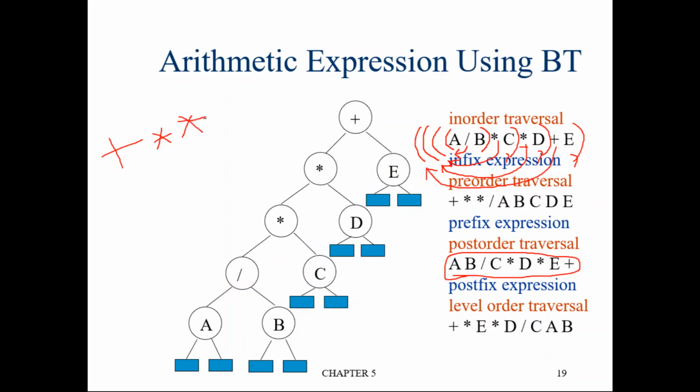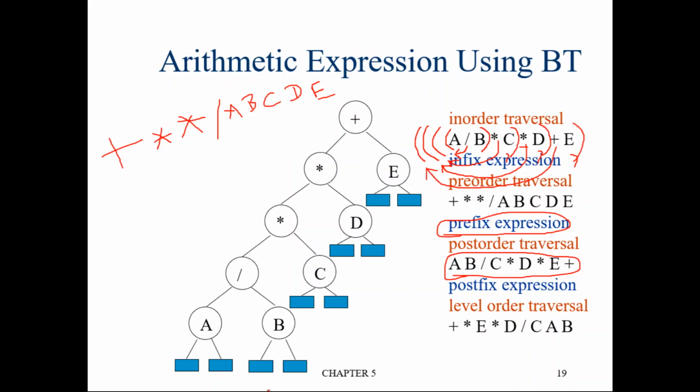And the fourth parenthesis will be replaced by slash, so then you will get slash. Then just all the operands A, B, C, D, E. So this type of representation is called prefix representation. So as a result of pre-order, what you get is called the prefix expression.